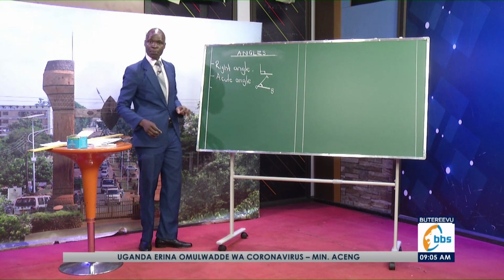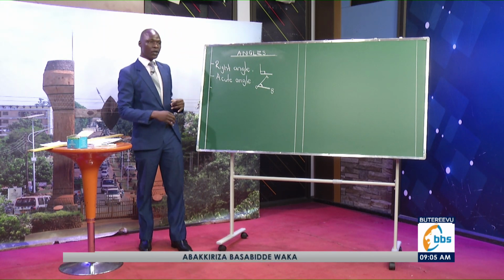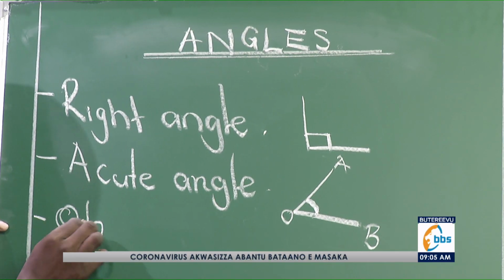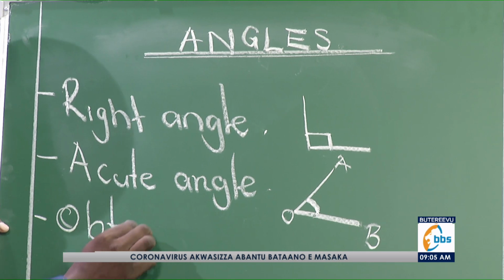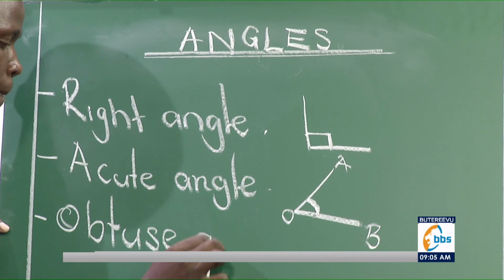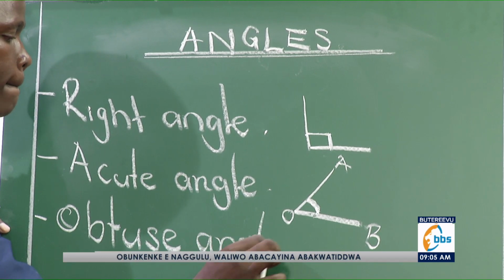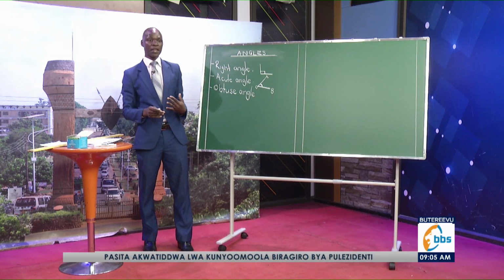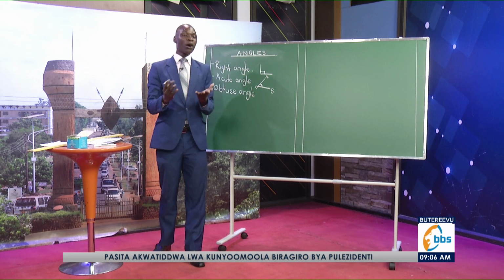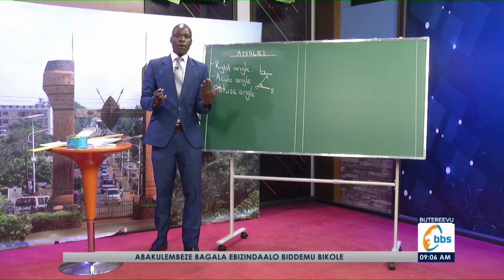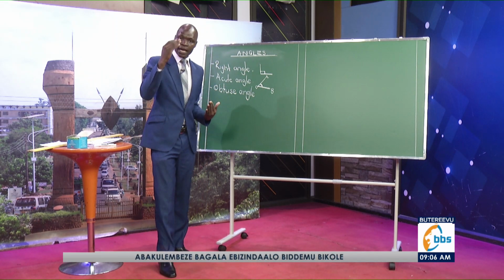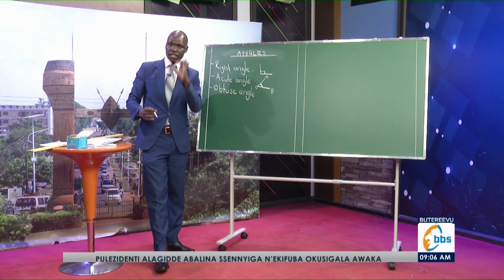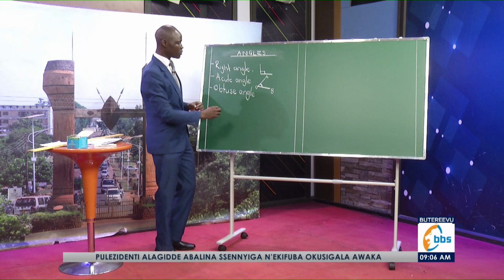The other type of angle we can call obtuse. Obtuse angles are angles which are beyond 90 degrees but less than 180 degrees. For instance, let me draw here and you see.